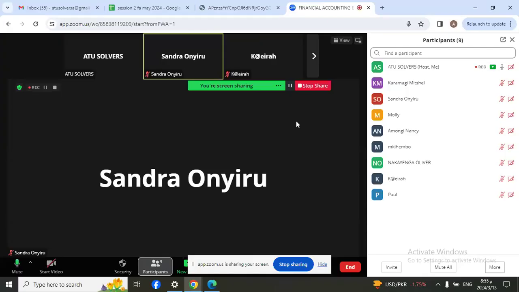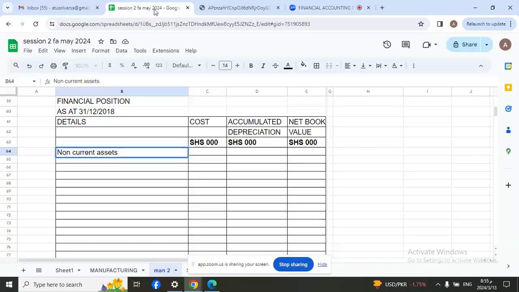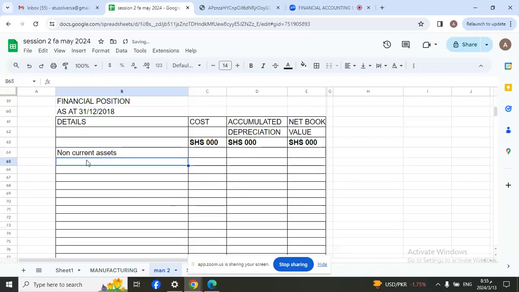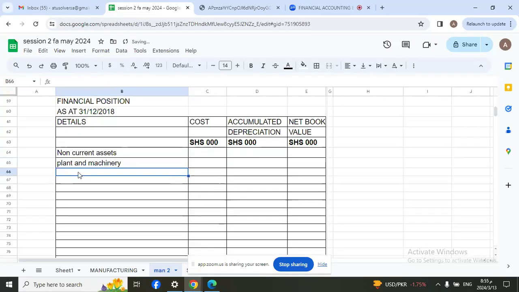At this time, you already know your non-current assets, whereby you have plant and machinery and delivery van. So we come down to write plant and machinery, then down delivery van.